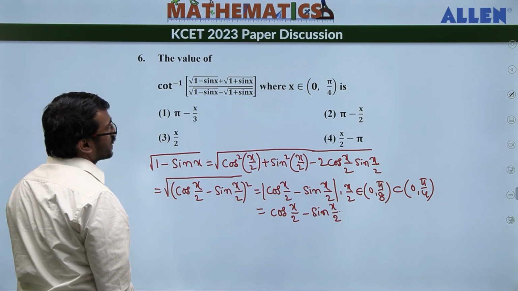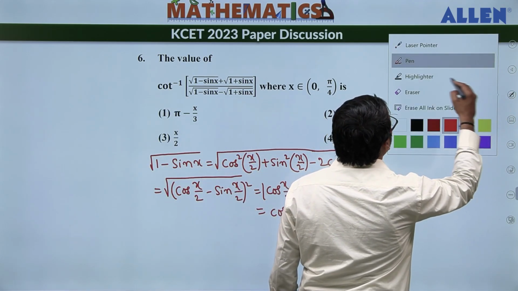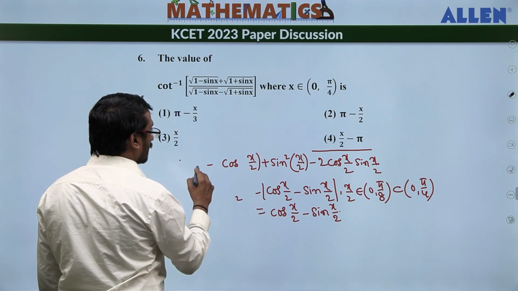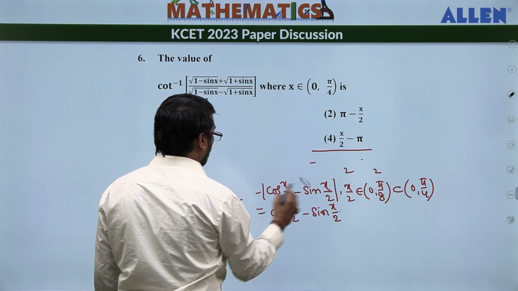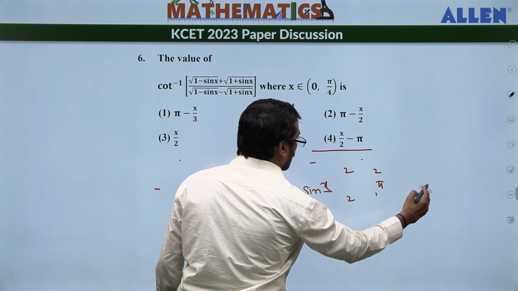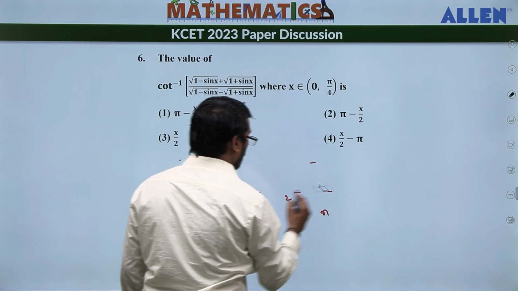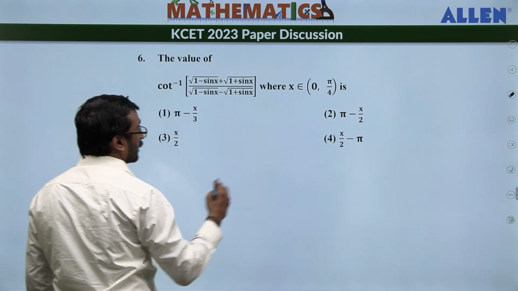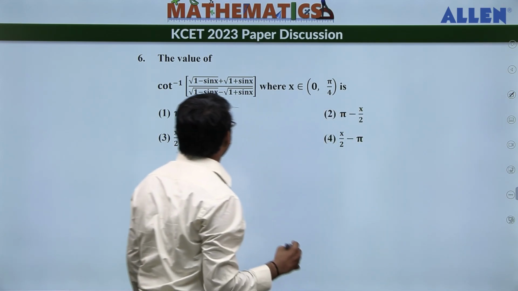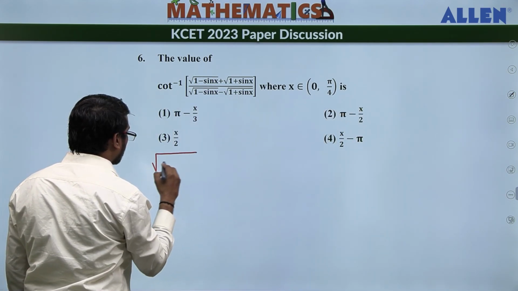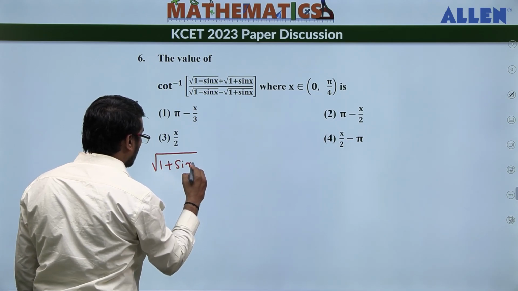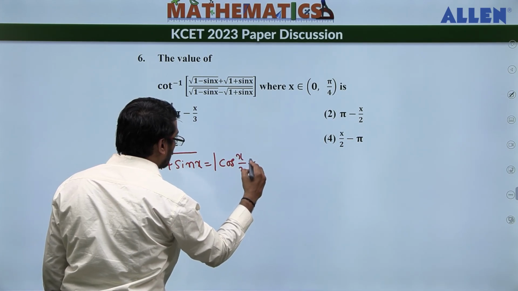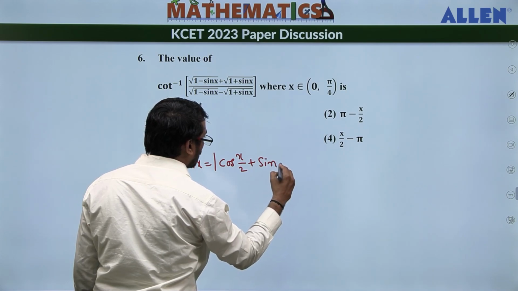Now, what is root of 1 plus sin x? Root of 1 plus sin x is equal to modulus of cos x by 2 plus sin x by 2.